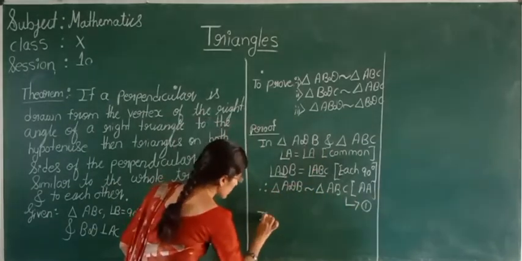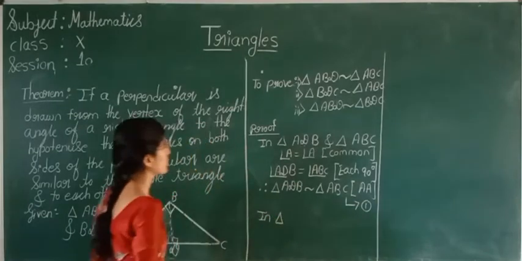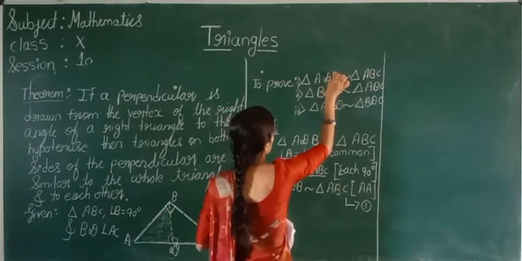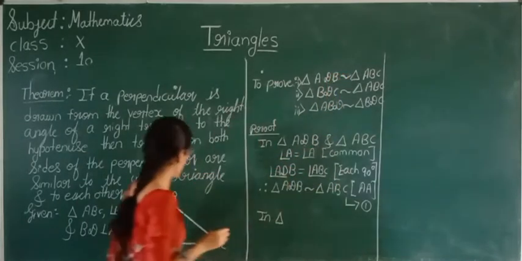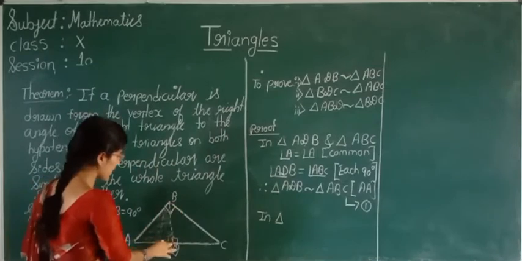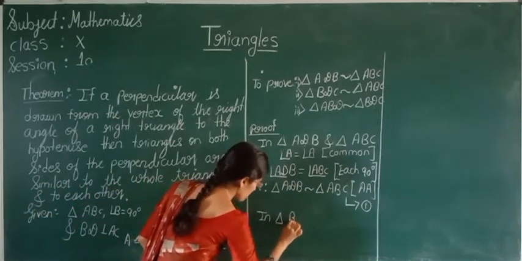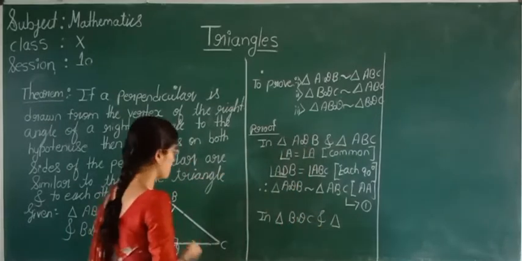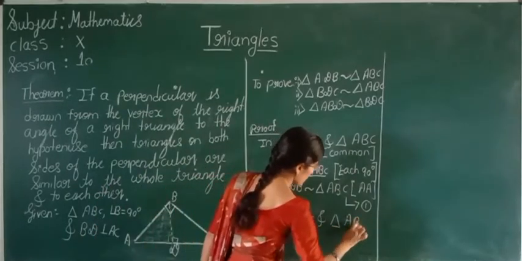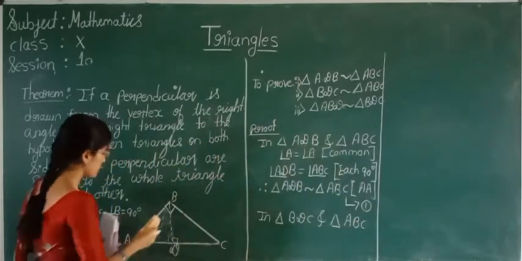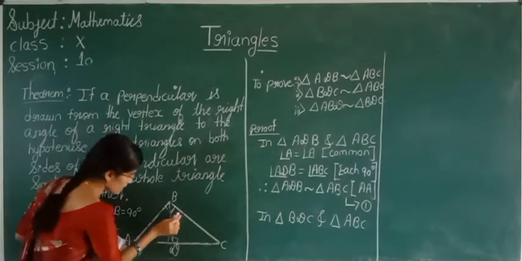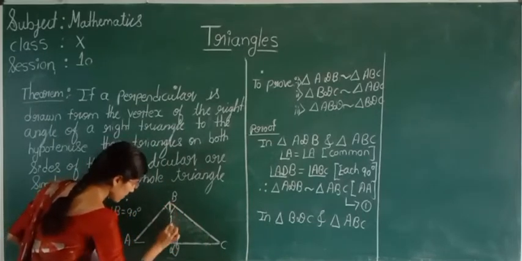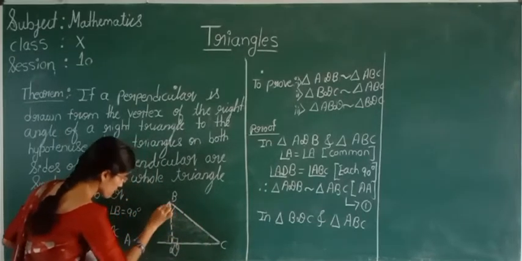Now see here, in triangle BDC and triangle ABC, tell me, in this triangle and in the bigger triangle, what is the same?